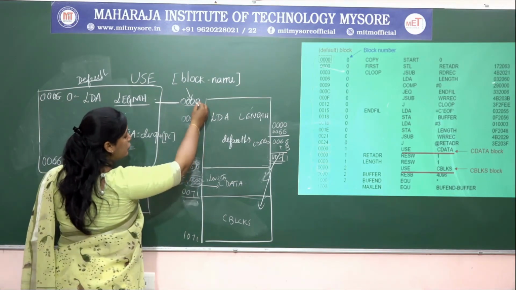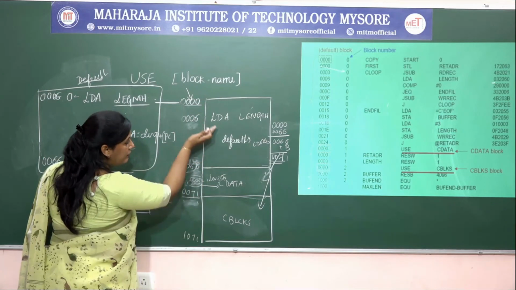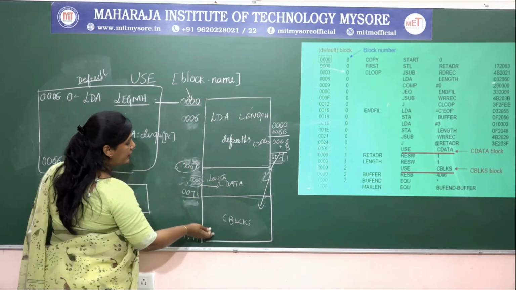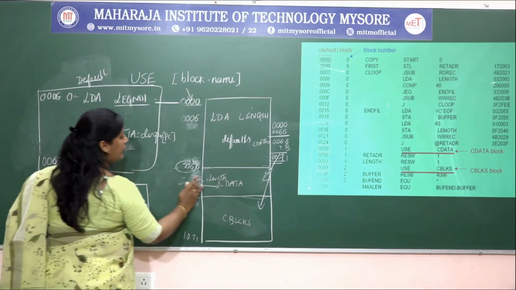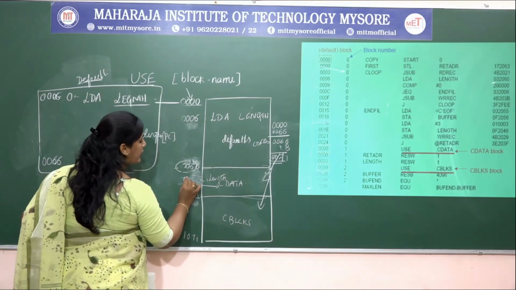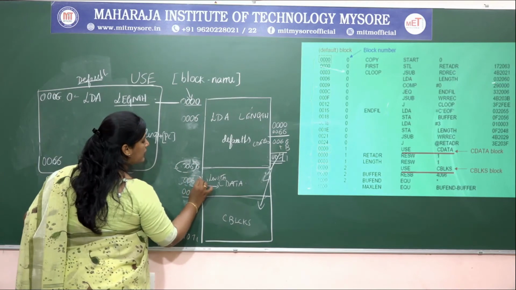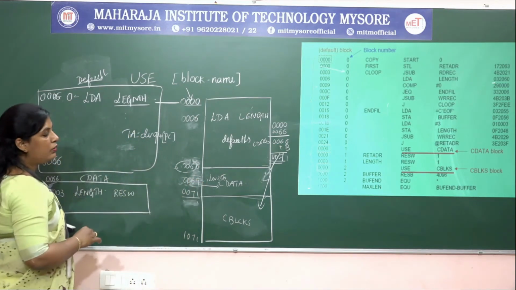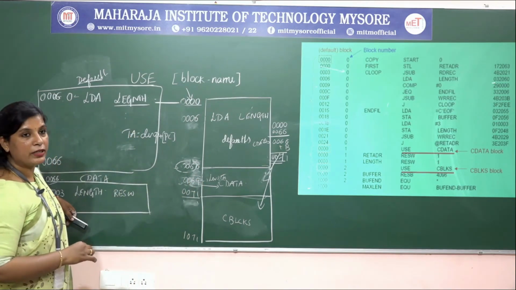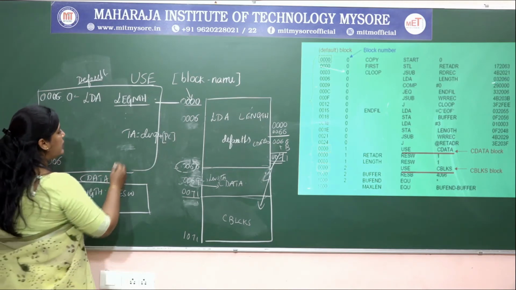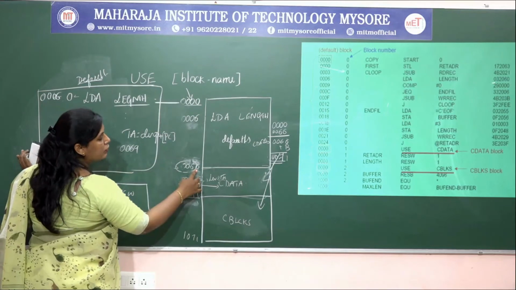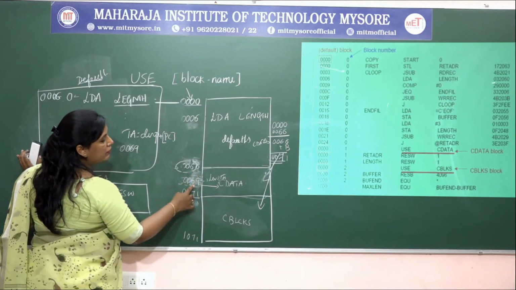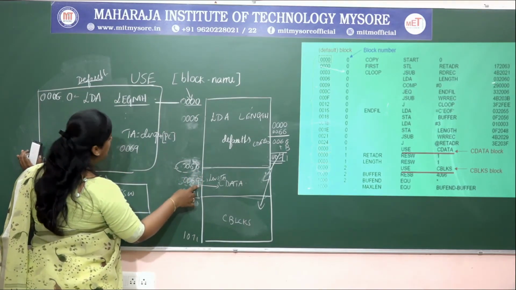When these blocks are organized like this, the relative address of the C data block is 0003. At the memory, where is it? At the memory location 0069, since it started with 0066 plus 3.